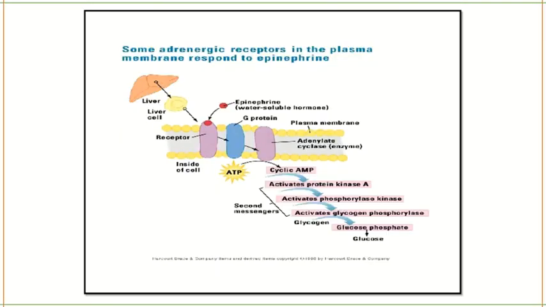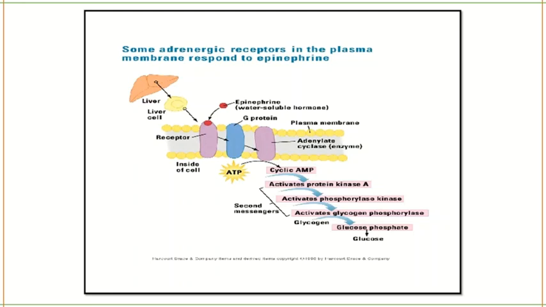So this is another diagram which explains the same concept. This will be like a revision for you. Epinephrine will come and bind to the receptor here, a G protein coupled receptor, that will activate the G protein. Activated G protein means G alpha GTP. It will dissociate from the beta and gamma subunit.